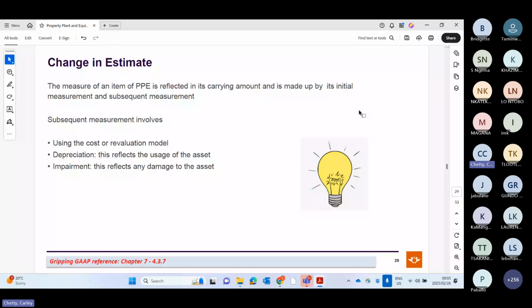When you look at the carrying amount, it was determined by the depreciation method and any impairments. So subsequent measurement involves using the cost or the revaluation model, depreciation, which reflects the usage of the asset, and impairments, which reflect any damage to the asset. So subsequent measurement involves all of these three things.